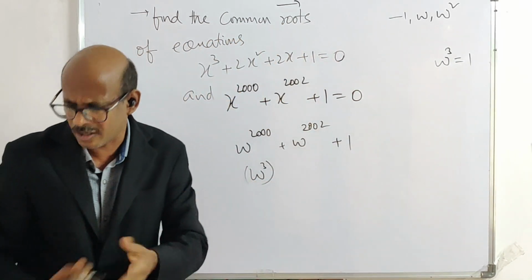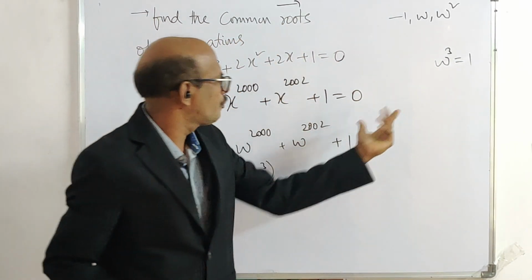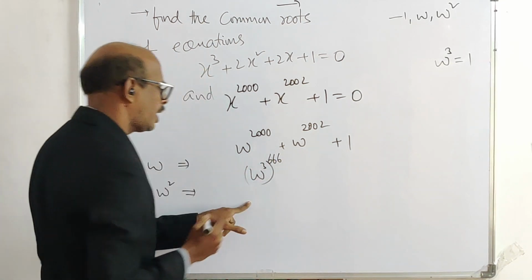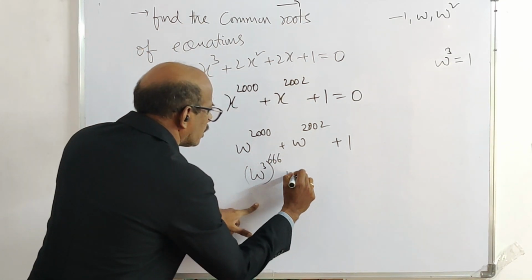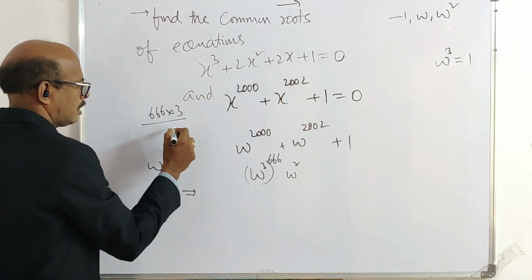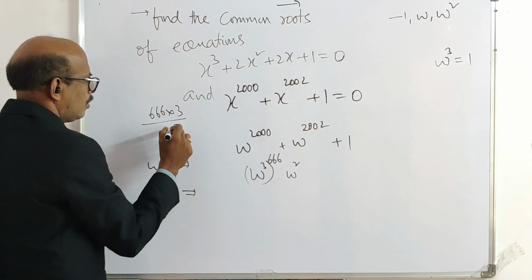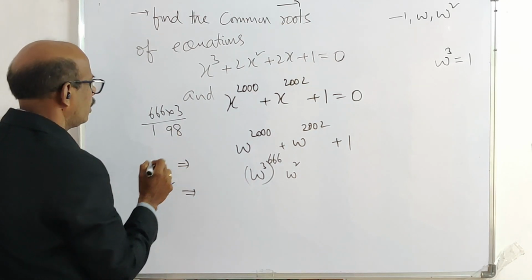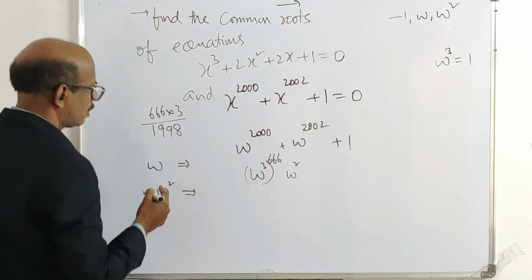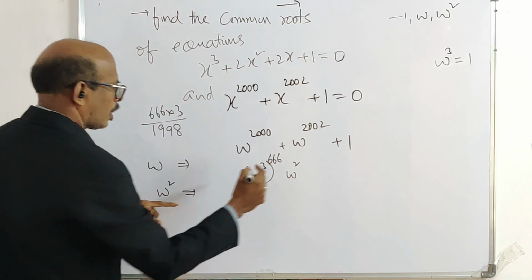I think only this data is enough to cross check whether it is satisfied or not. So it will be 666 multiplied by 3, and the simplification, I think, will be 668 and balance 1.